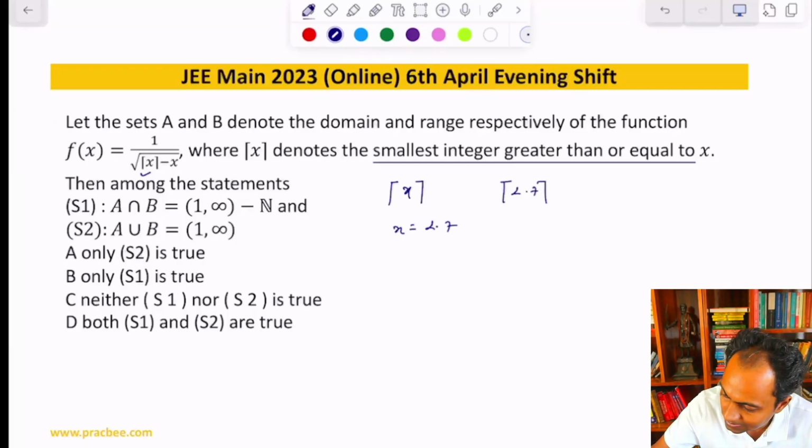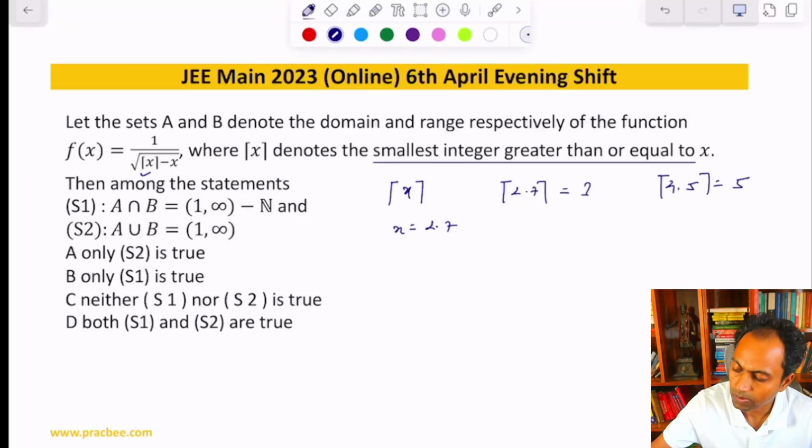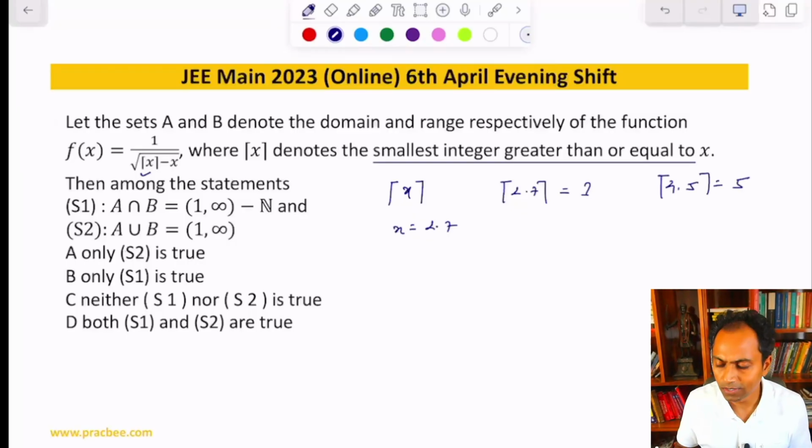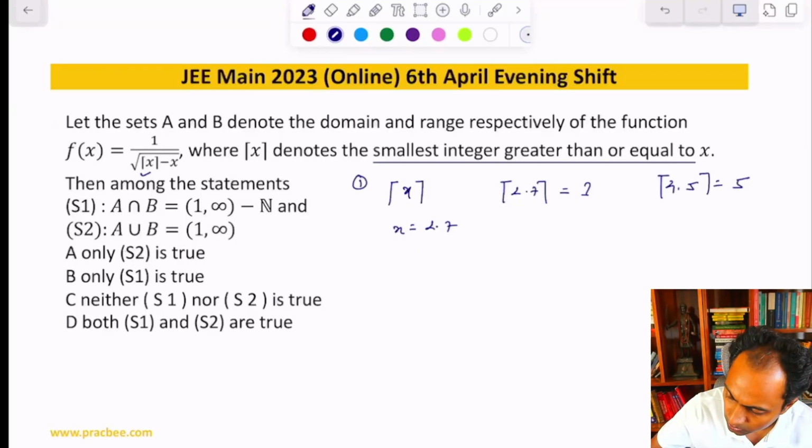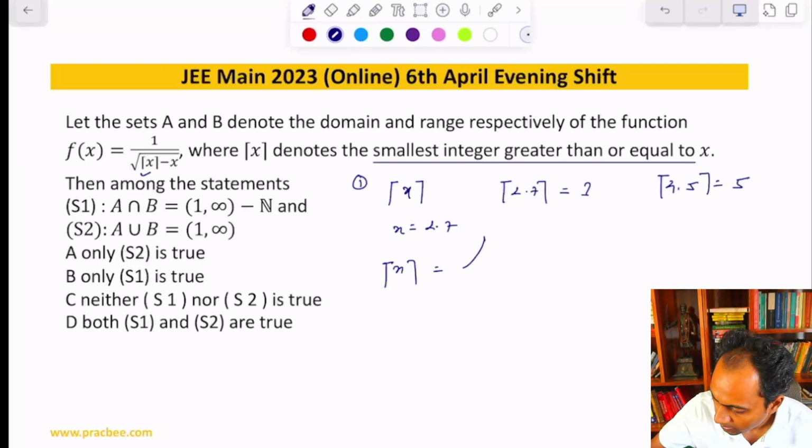It is the smallest integer that is greater than this, so that would become 3. If I put 4.5, it becomes 5. So it is a counterpart of the greatest integer function, but written like this. This smallest integer function would be equal to x when x is an integer. But it is going to become 1 more than the greatest integer function when x is not an integer.